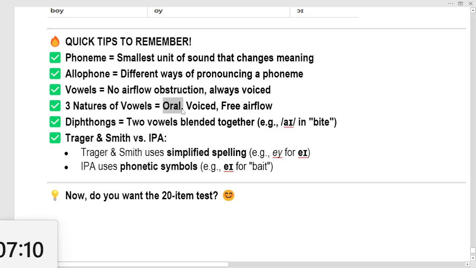Ano yung oral cavity? Yung bibig nyo mismo. Okay? Yung voice, okay. Sinong gumagawa ng voice? Si vocal cords.